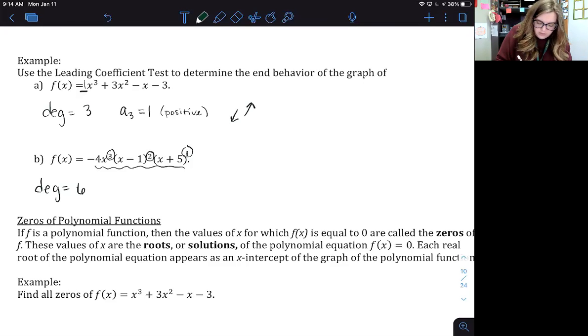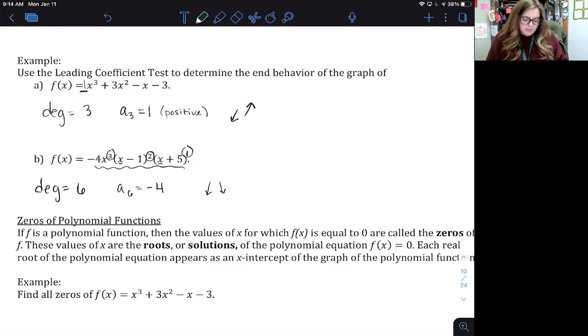And then our leading coefficient, if we look at these first terms, we have x and x, so no matter how we multiply those, we're just going to have a 1 in front. And then we have negative 4. So 1 times negative 4 is negative 4, which is obviously negative. So even means they're facing the same direction. And since our leading coefficient is negative, it means they're both going to be facing down.